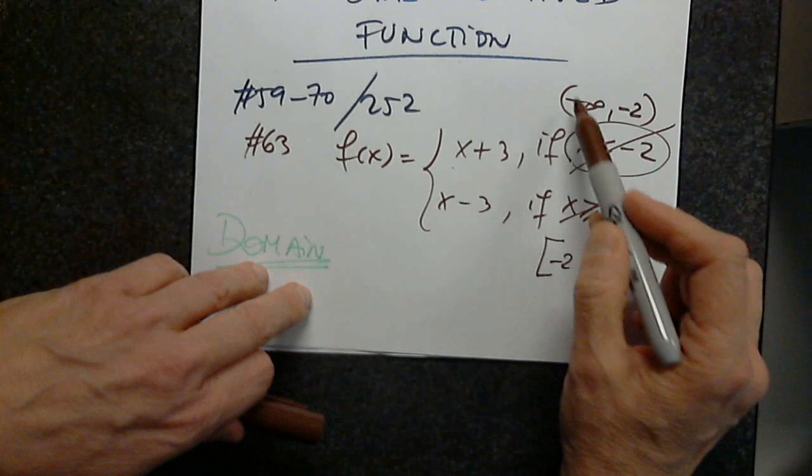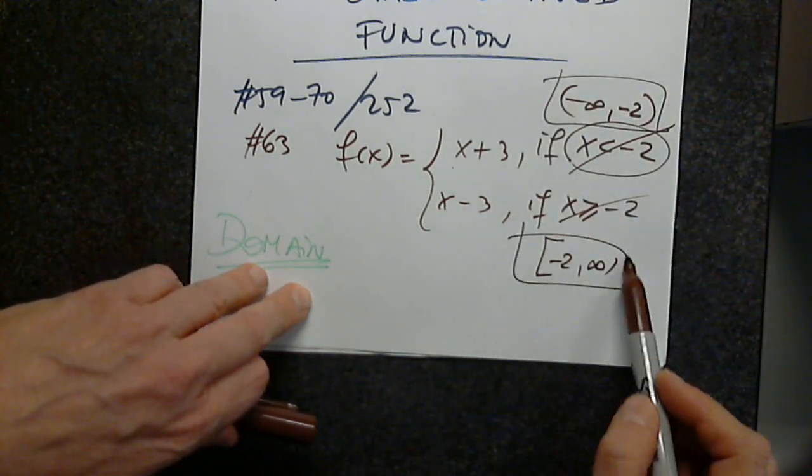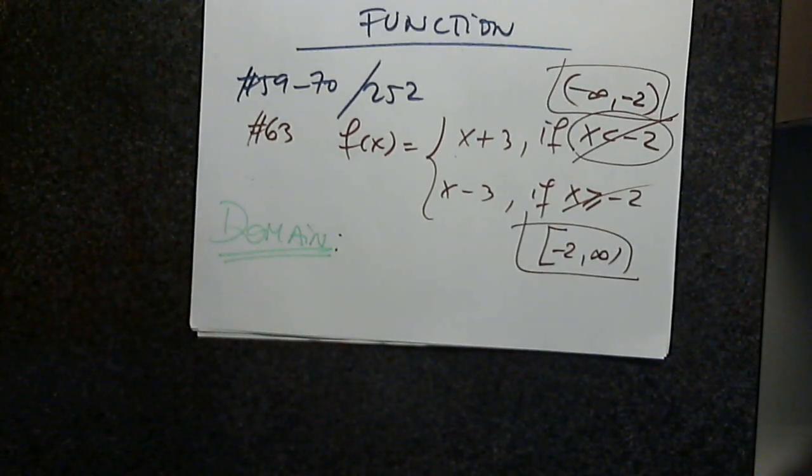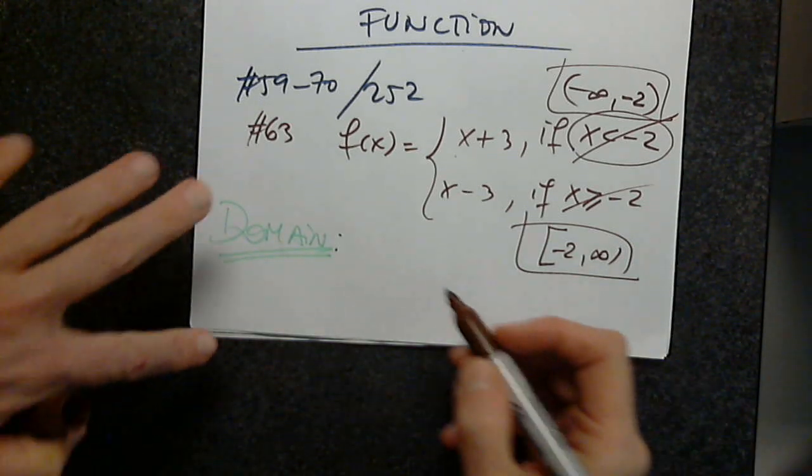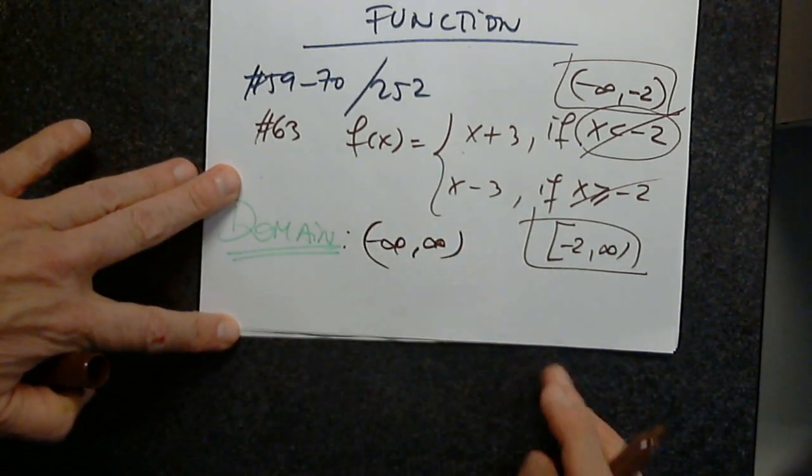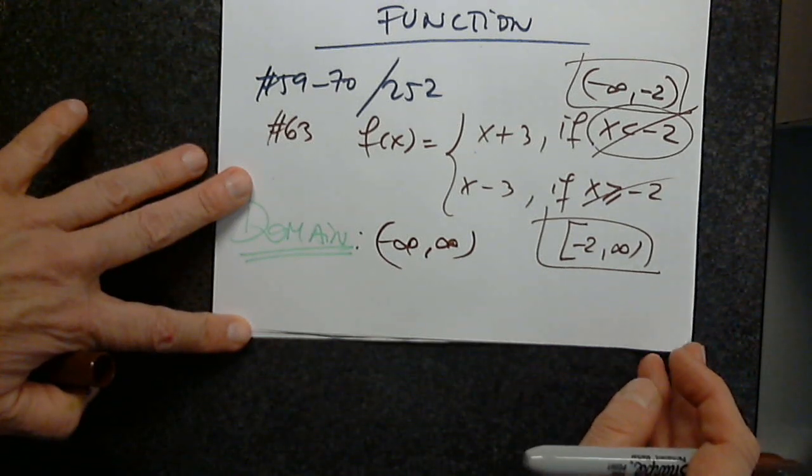So now let's analyze this piece and come up with the domain of this function. We are talking not about pieces, but about the domain of this function that has 2 pieces. So it's going to be negative infinity to infinity. Excellent. Great job. Everything is there, nothing is missing.